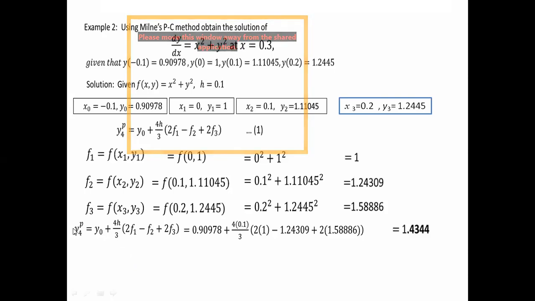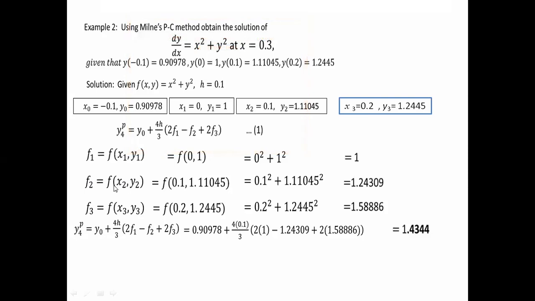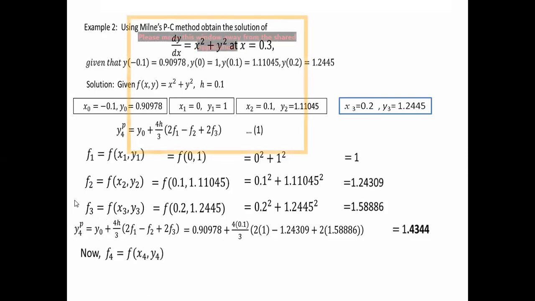So once it is predicted, before correcting, we need the value of f suffix 4. So how to get f suffix 4? That is the value of f at x is equal to x4, y is equal to y4. So what is x4? That also you have to know. x3 is 0.2. If you add h to x3, it gives x4.